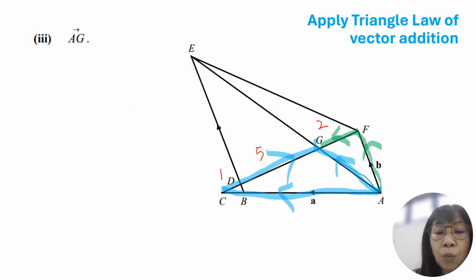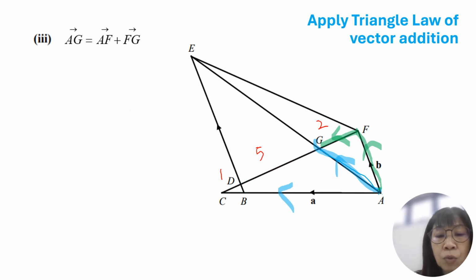And we already have CF that we found from part 1. If I already have CF, I can easily work out FG, or I can easily work out CG. So both methods are actually the same. It doesn't matter. For the solutions here, I'm going to use AG equals AF plus FG.